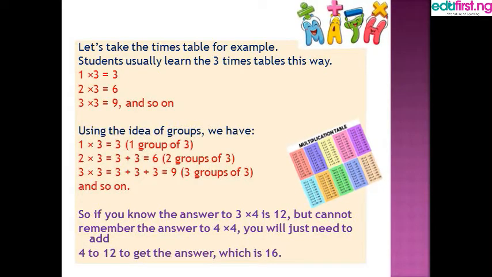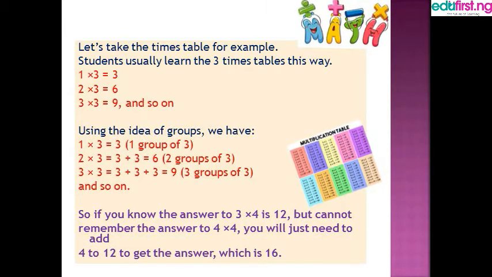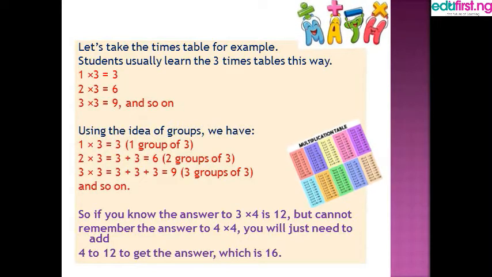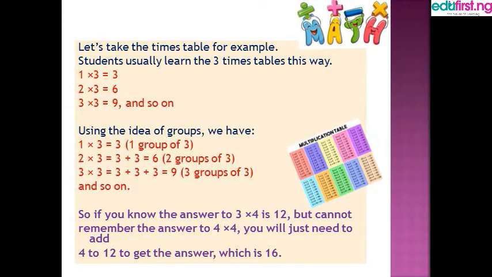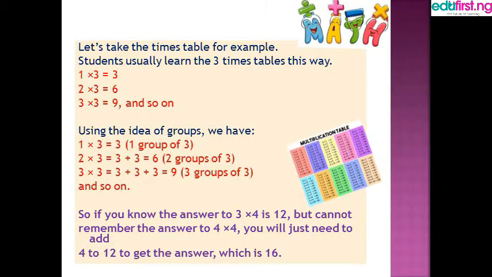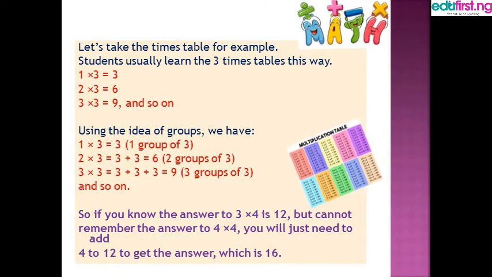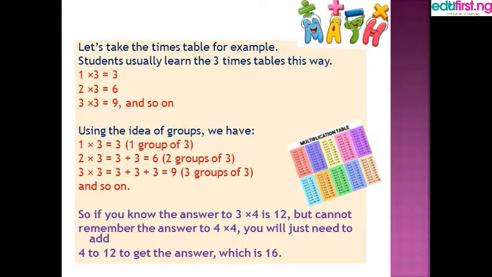It is one group of 3. Next, 2 times 3. It means that 3 will have to appear twice, meaning 3 plus 3 equals 6. This is 2 groups of 3.